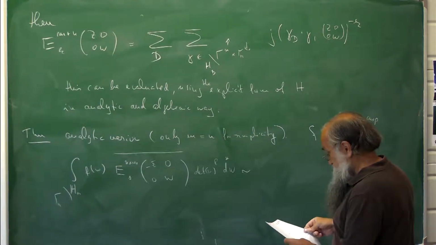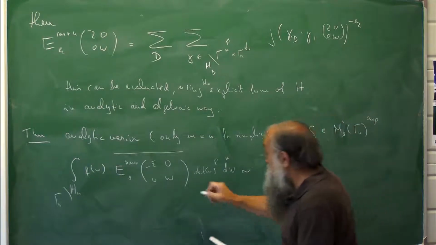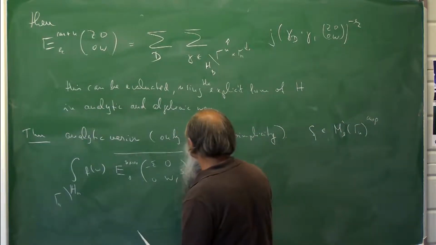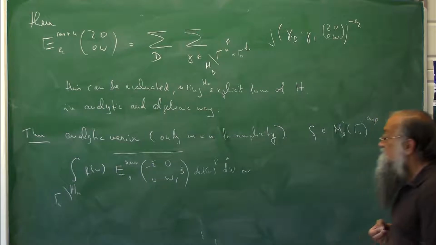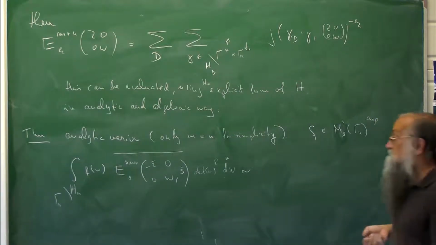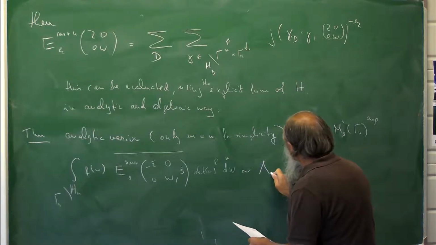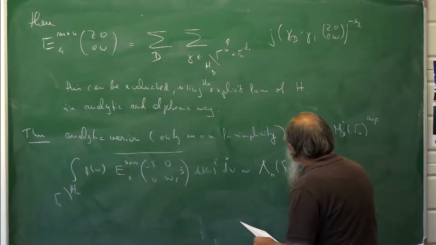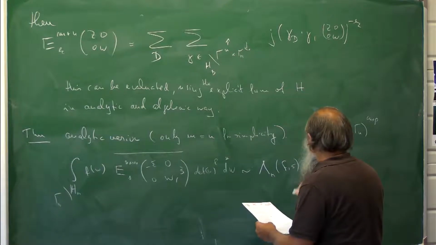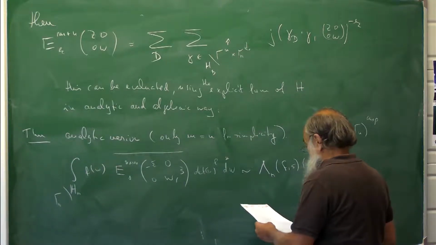Yeah? I wanted to have some s here still. So it will be something I call lambda f s of w.